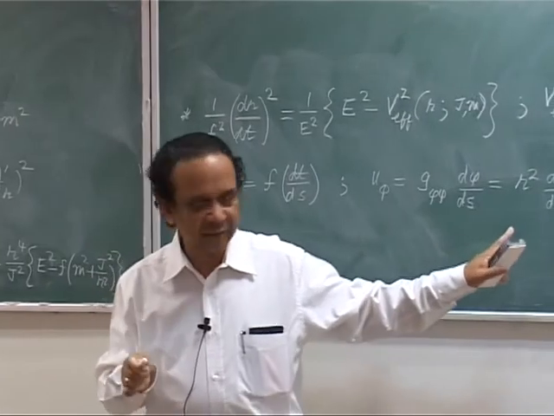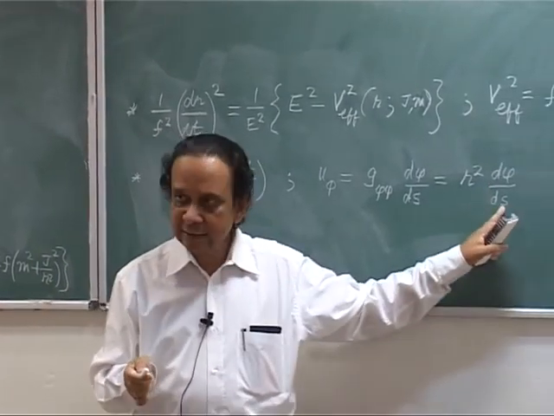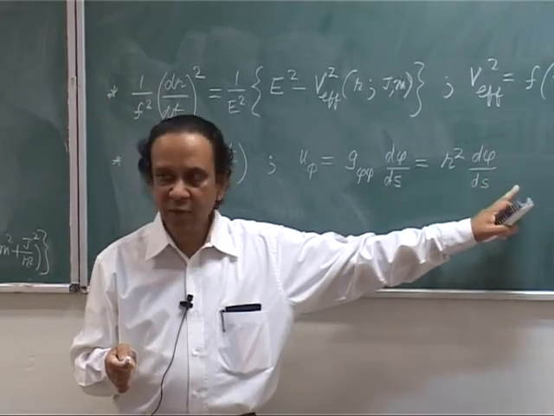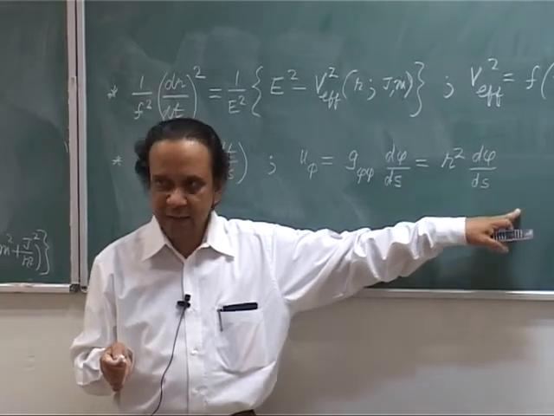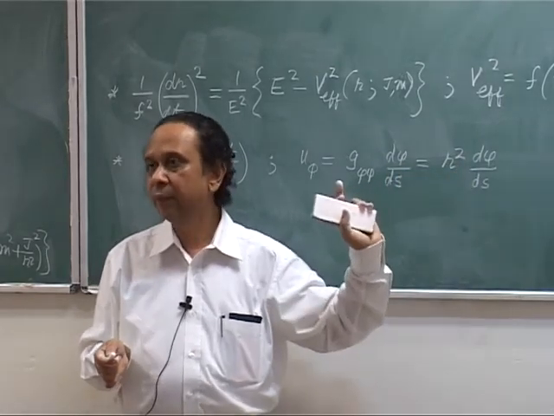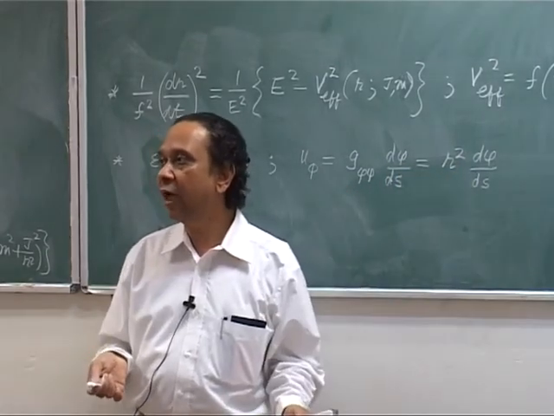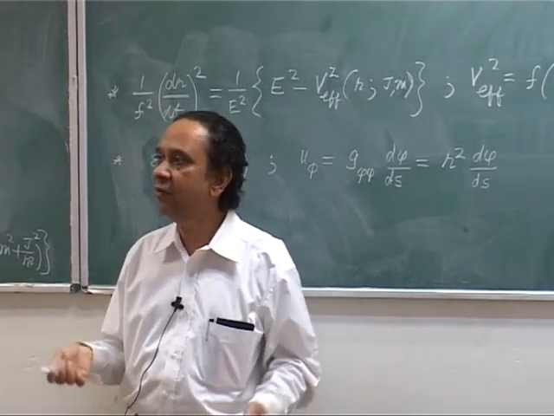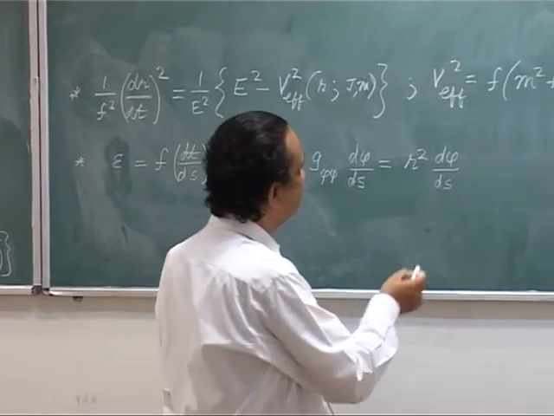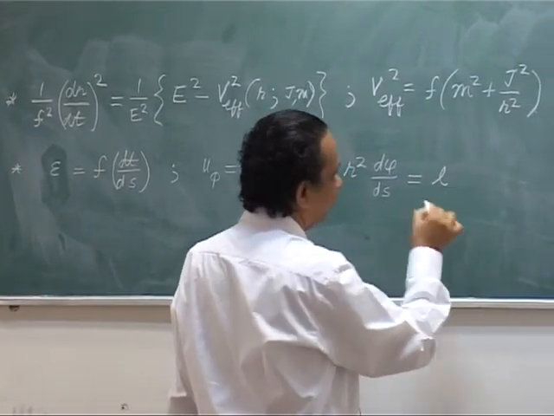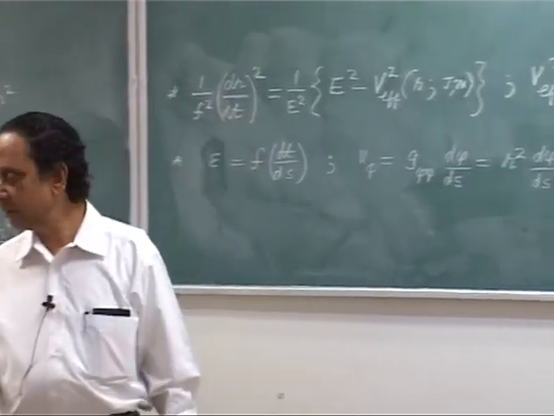This is something which we have just now done, because this ds, remember, is dt into root of 1 minus v square. So 1 over root of 1 minus v square is sitting in the denominator, which means it is gamma. It is r square gamma phi dot. R square phi dot would have been your angular momentum under normal circumstances. Now it is gamma r square phi dot, which is your angular momentum. So this we will call some L, which is angular momentum per unit mass.